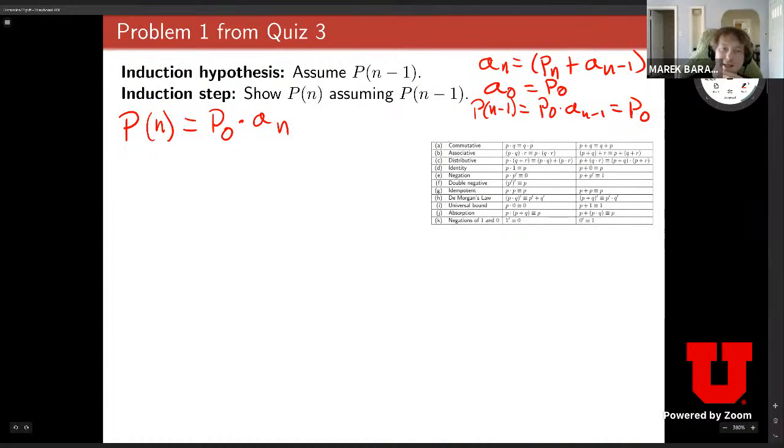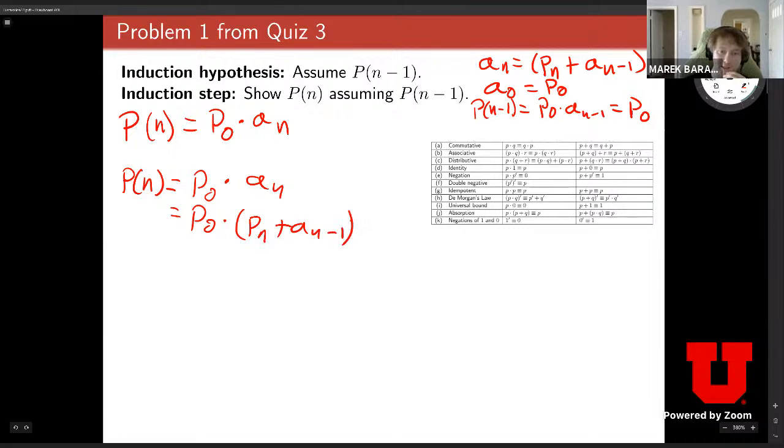And then for this one, we're doing the inductive step. We begin by writing down what P of n means. That's P0 times An, which equals P0 times (Pn plus An minus 1) by definition.